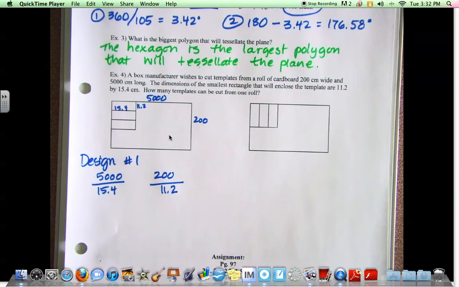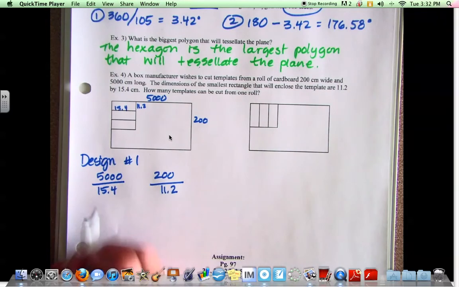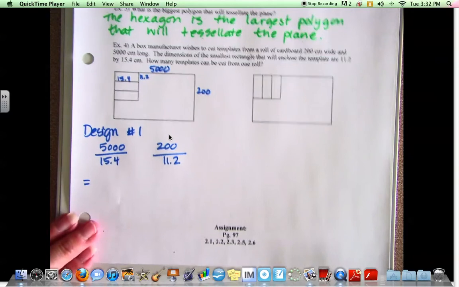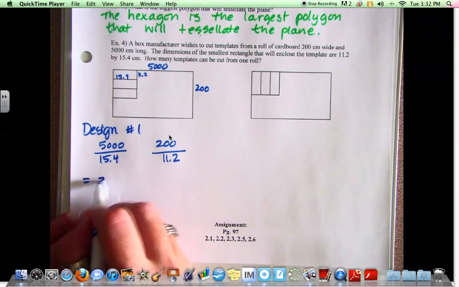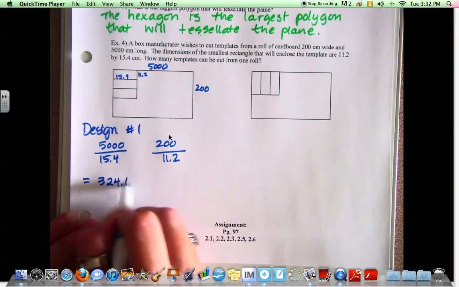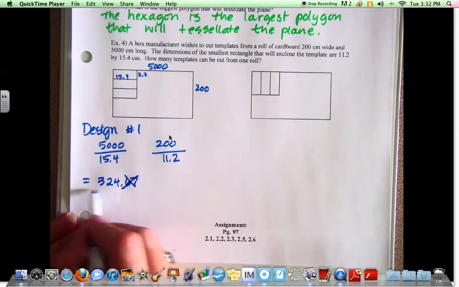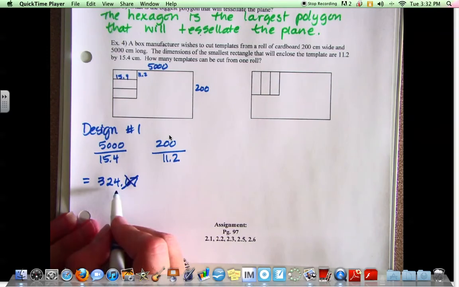So 5,000 divided by 15.4 gives us 324.67. But we don't want partial templates. We want whole templates. So we can get 324 whole templates out.